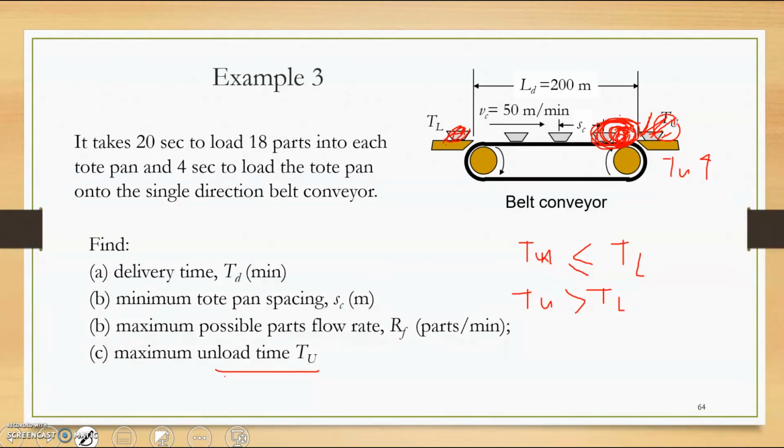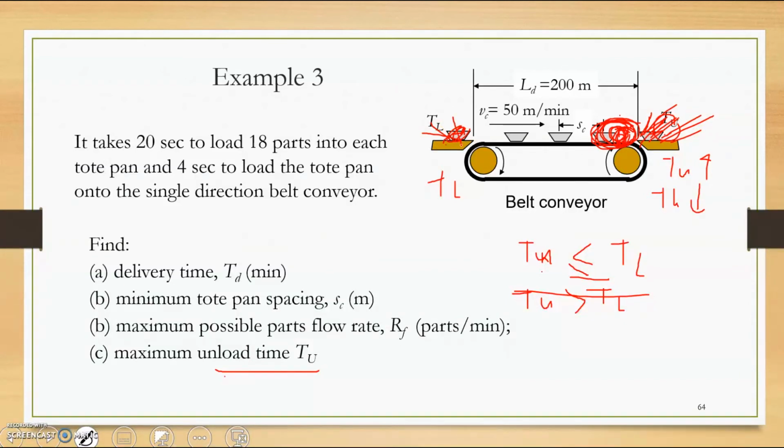So that's why the ideal scenario is we should have TU less than TL. TU less than or equal to TL means that we have to remove or unload the parts faster than the operator loading the parts.